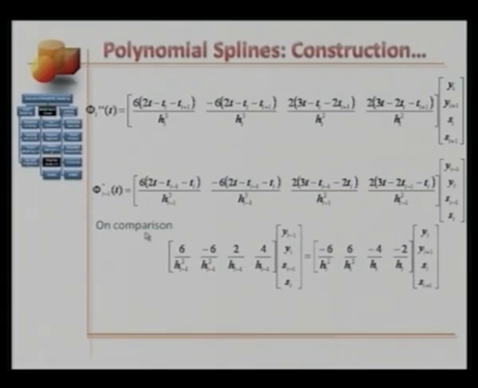On comparison, that is, when you impose C2 continuity conditions, we'll have this expression: 6 over hi minus 1 squared, minus 6 over hi minus 1 squared, 2 over hi minus 1, 4 over hi minus 1, times yi minus 1, yi, si minus 1, si is equal to minus 6 over hi squared, 6 over hi squared, minus 4 over hi, minus 2 over hi, times yi, yi plus 1, si, si plus 1.